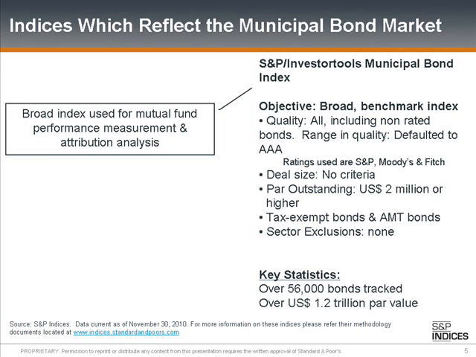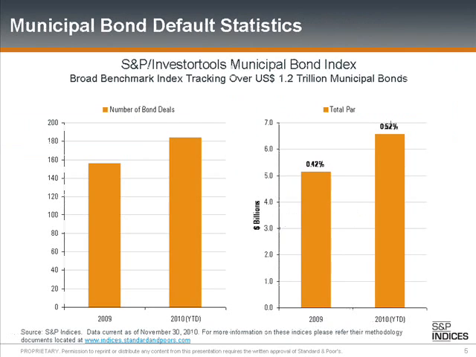There are, however, structural exclusions: floating rate note bonds and derivative municipal bonds are excluded from this index. The key statistics are that it tracks over 56,000 municipal bonds with a total par value of over $1.2 trillion.